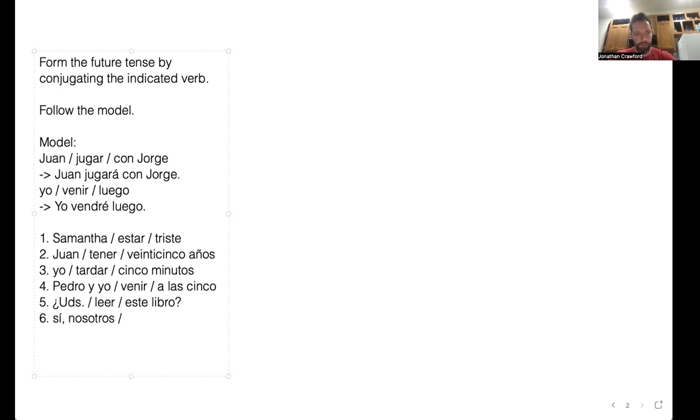Nosotros, and then let's do hacer la tarea. Yes, we will do the homework. So that is the homework.